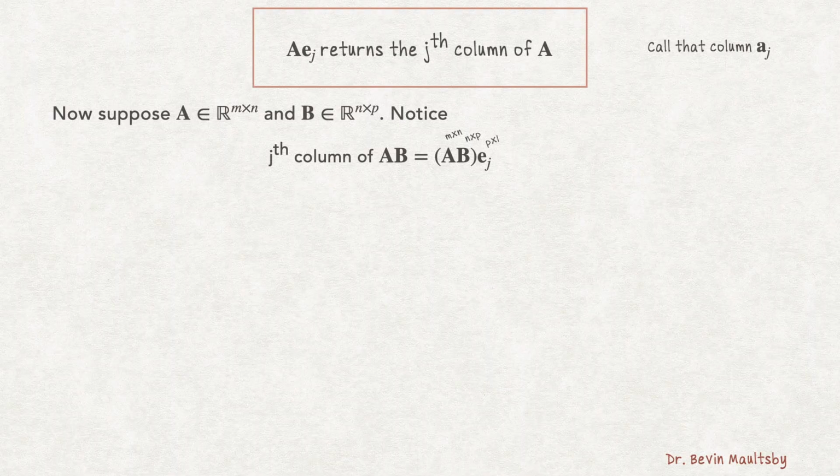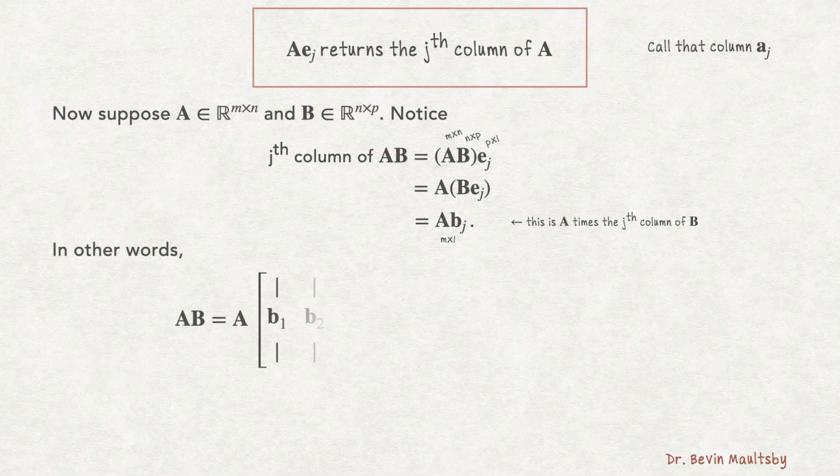So I can think of this as the matrix A times B e_j. But now observe that B e_j is going to be the jth column of the matrix B. It is, as expected, an M by 1 vector, so that now we can say A times b_j is the jth column of AB.